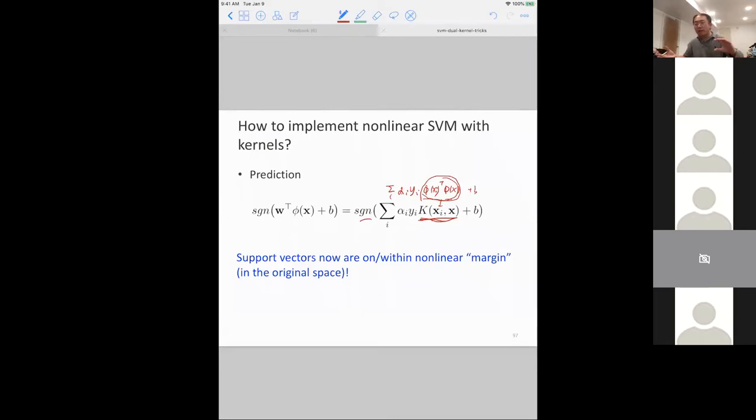If we project those hyperplanes and the margin from the high dimensional space onto the original feature space, your margin becomes nonlinear. It will become some kind of curve. And if you want to view your support vectors in the original feature space, you will see that those support vectors will stay on or within this nonlinear margin in the original space.